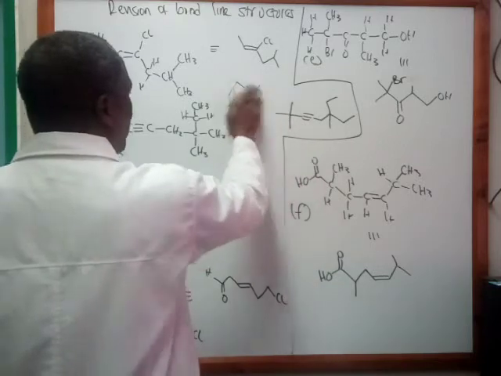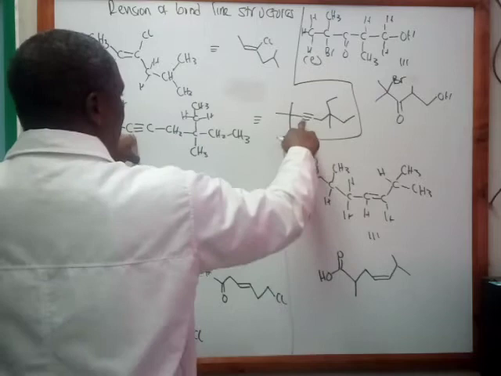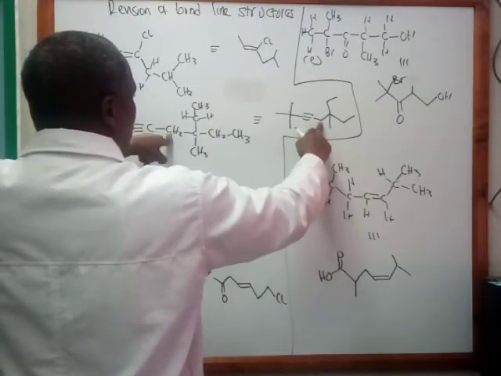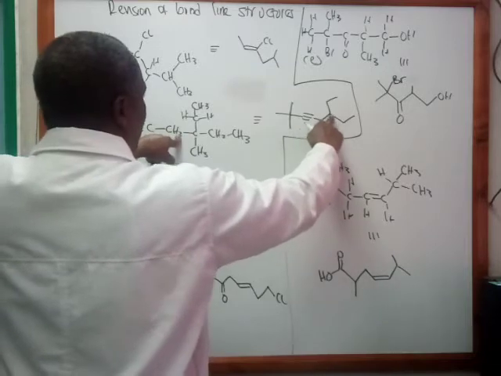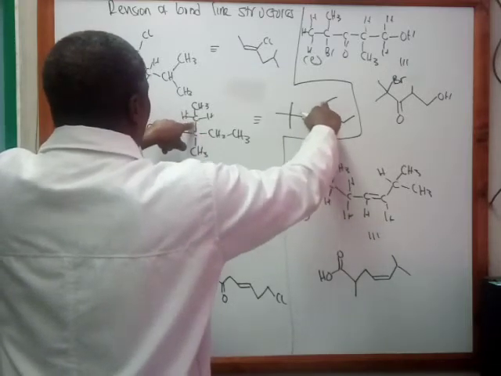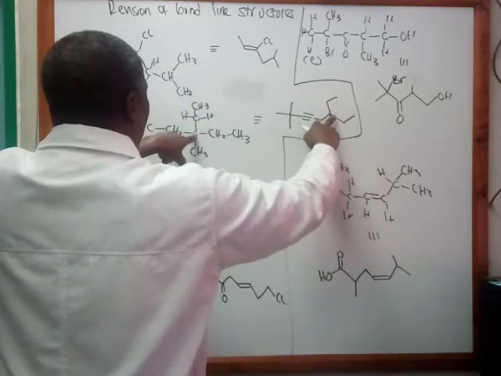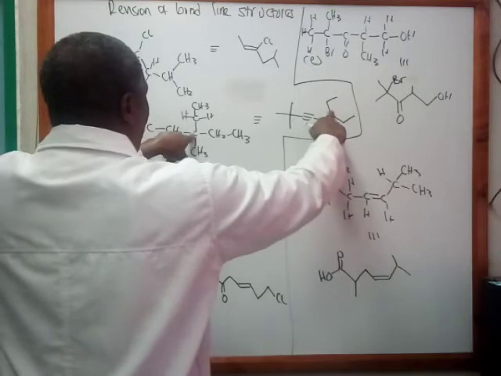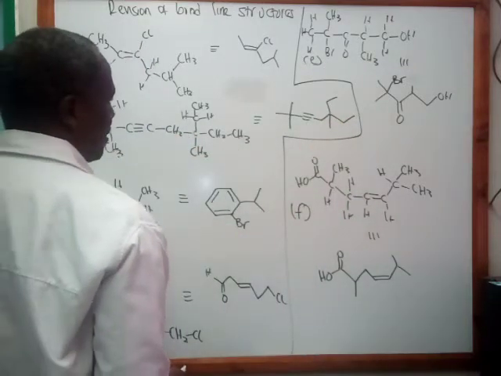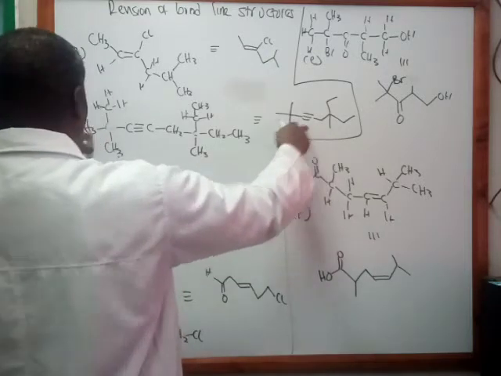When there is a triple bond, you must show it linear. So this part is linear. Then there is a carbon with a CH2, so you can see how it moves. Then there is a carbon here with a CH3. There is a CH2 here, and then a CH3. Then coming back to this carbon, there is a CH2, and then a CH3. All right? So this structure translates to that bond structure.